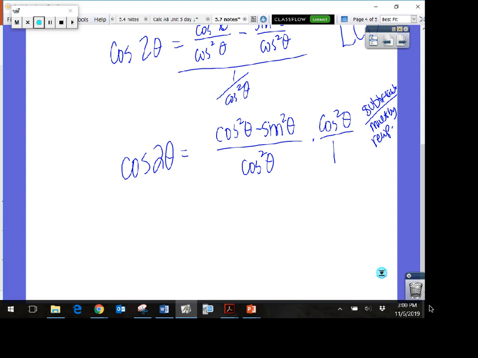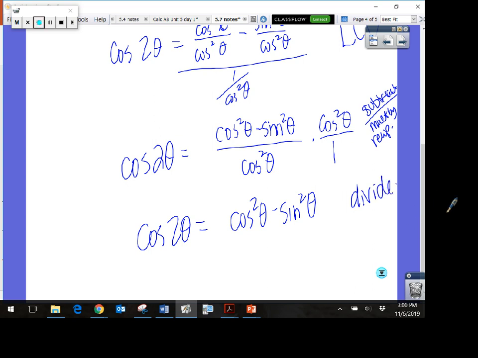I did something to the numerator and something to the denominator, right there. So now, cosine 2 theta equals cosine squared theta minus sine squared theta. Cosine squared theta divided by cosine squared theta.